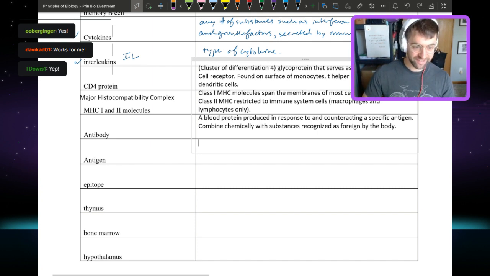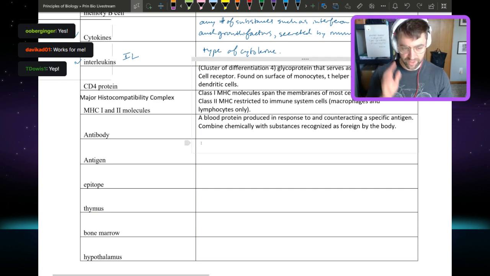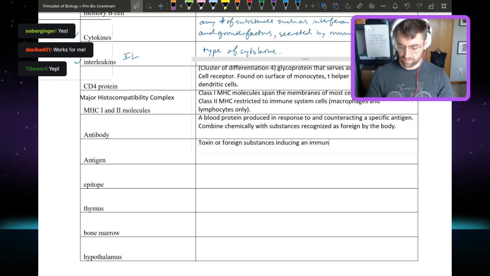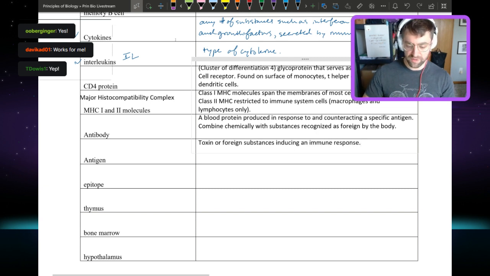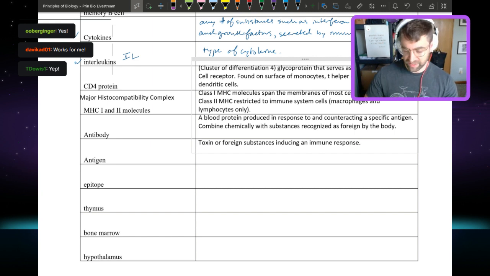An antigen is a toxin or other foreign substance which induces an immune response, quite simply. A toxin or foreign substance inducing an immune response, especially the production of antibodies.